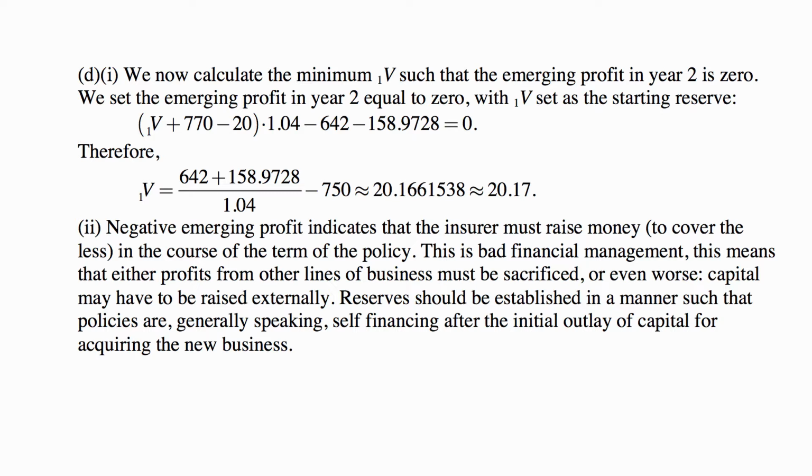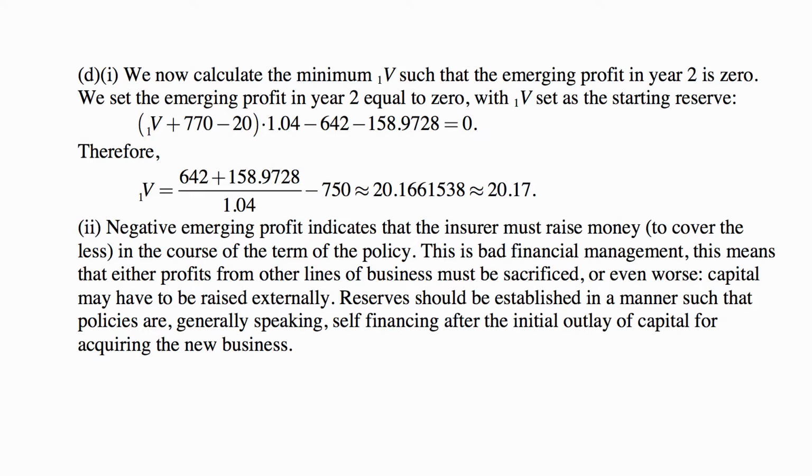We will now calculate the minimum reserve at time 1 such that the emerging profit in year 2 is 0. We set the emerging profit in year 2 equal to 0 with the reserve set as the starting reserve. So we do the standard, again, this profit calculation, which is very similar to the recursive reserve calculation.